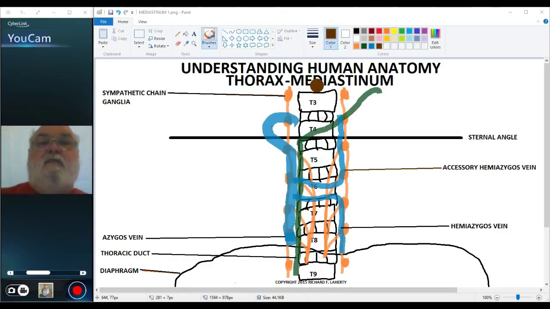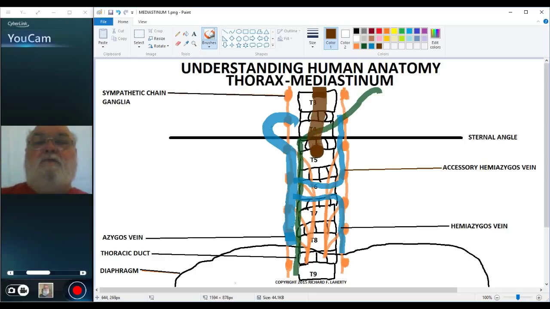Next, we have the esophagus. The esophagus is the muscular tube that conveys food we've eaten from our oral cavity down to the stomach. And it is a midline structure that is slightly to the left of midline, comes down, gets a little bit to the right, and it reaches its furthest extent moving to the right at the sternal angle.